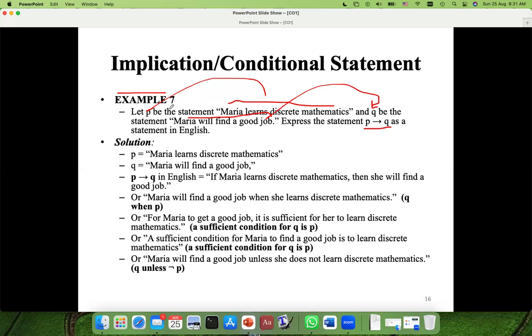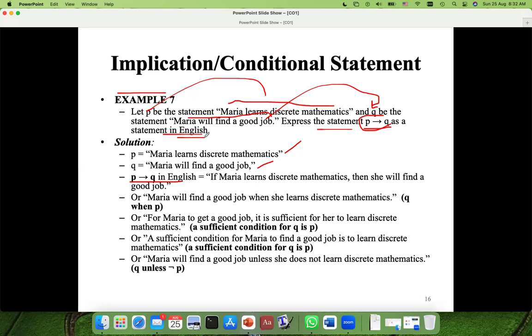For example, according to this question, P is what? "Maria learns discrete mathematics," first sentence. And Q is what? "Maria will find a good job." So this is P implies Q. So P implies Q in English is being asked in this question. Express the statement P implies Q in English. So write the P implies Q in sentence form. And it is easy.